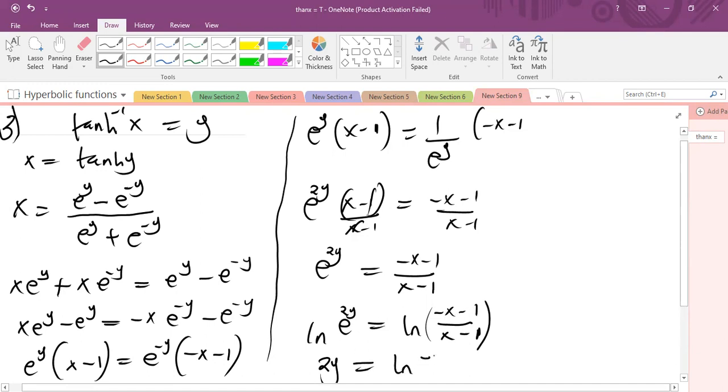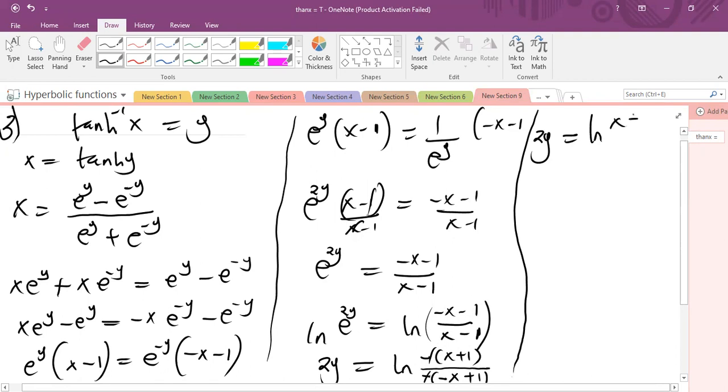I'm going to take out the negative. So I remain with x plus 1, all this divided by, if I take out the negative on this lower side, I will remain with minus x plus 1. So the negative and the negative cancel, so that my 2y is now equal to ln of (x + 1)/(-x + 1).